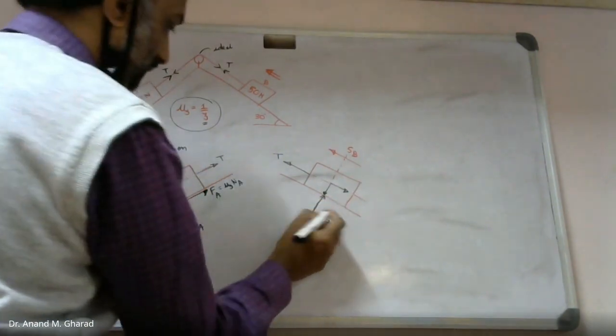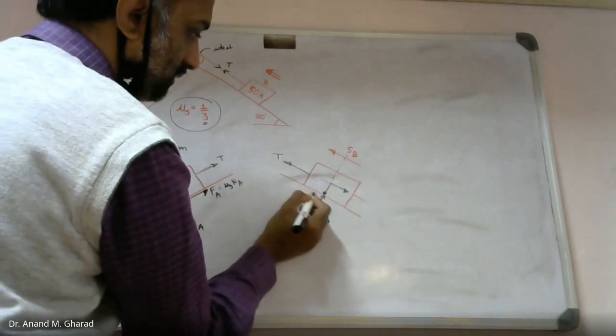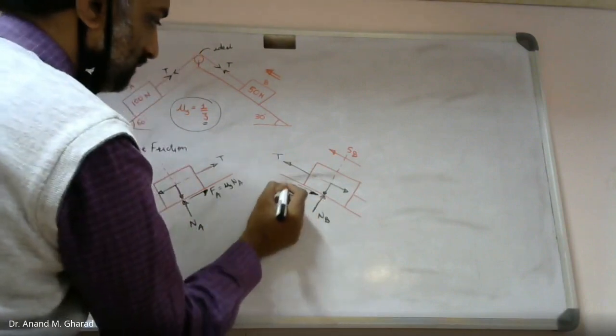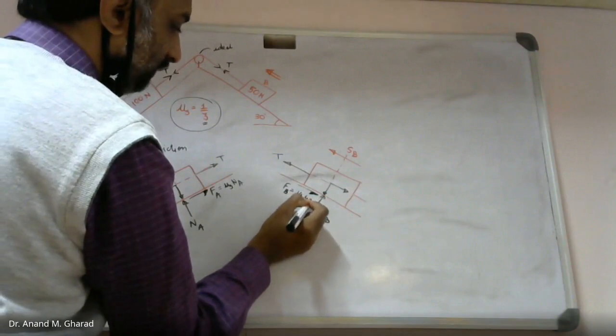Since this is in the upward direction, the resistance offered shall be downward. This is FB. FB we have already found out, 14.43.